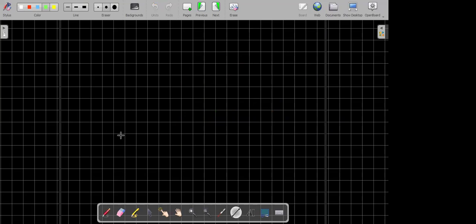Okay, let's see here again. So you have velocity here, and you have time. You have 0, 5, 10, 15, 20.